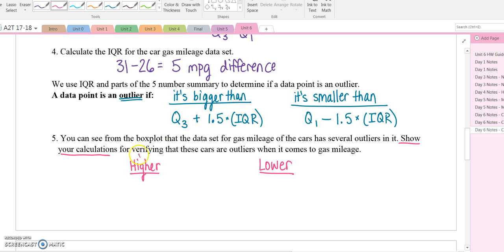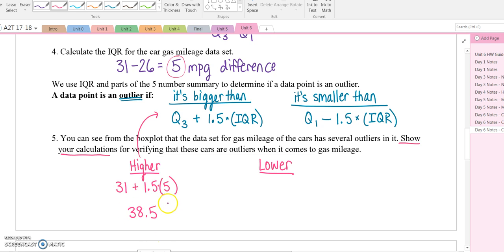So for the higher end, again, we're going to use this formula. Q3 in this case is 31 plus 1.5 times the IQR, which is 5. Now either do this in your calculator or remember to multiply before you add, whichever one you would prefer to do. You should end up with 38.5.